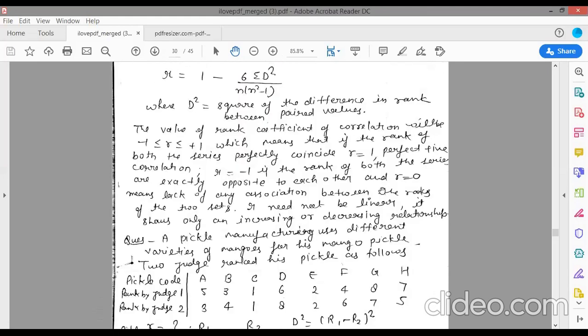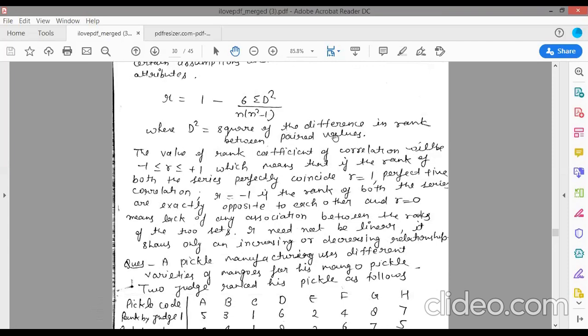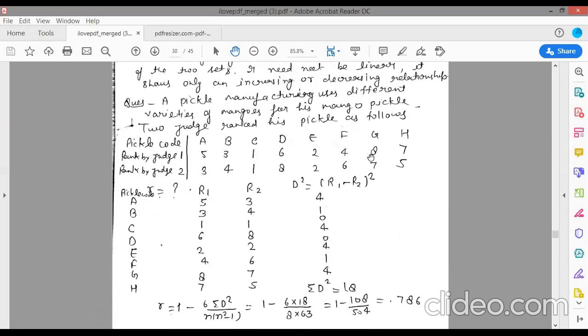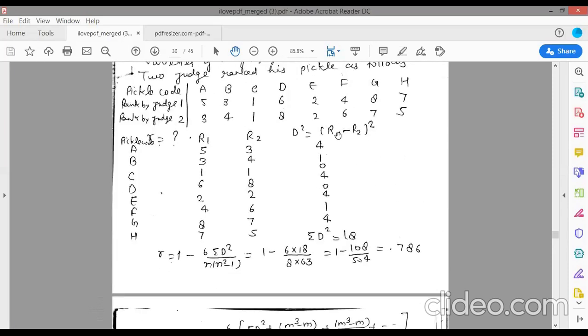Okay, just look at d square. It is the square of the difference in rank between paired values. So here it will be the difference R1 minus R2, squared, not r1 square minus r2 square. Just correct this line.